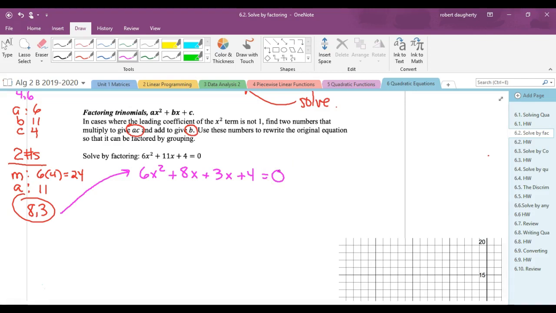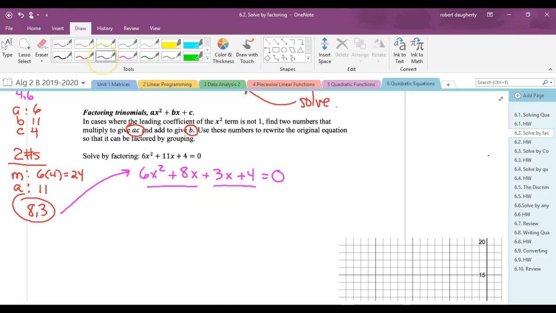Are they the same? 6x squared, this is 11x, that's 11x. So I haven't really changed anything, but I've got it in 4 terms. What's the only factoring method you know for something that has 4 terms? Grouping. So now I can factor this by grouping.